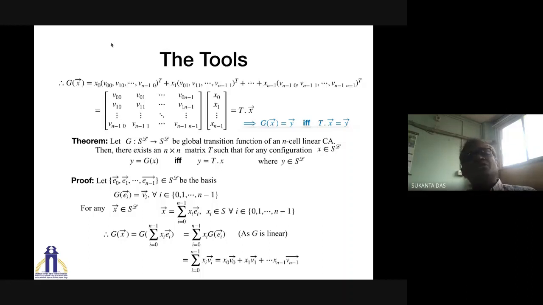So G of x equals T into x, right? That completes the proof. So y equals G of x if and only if, for some matrix T, y equals T into x, right? This is the proof.